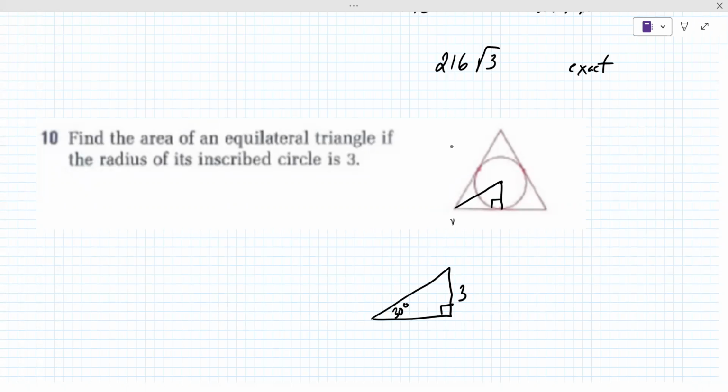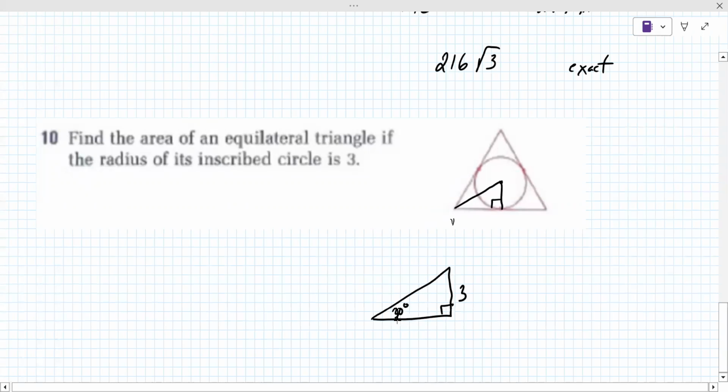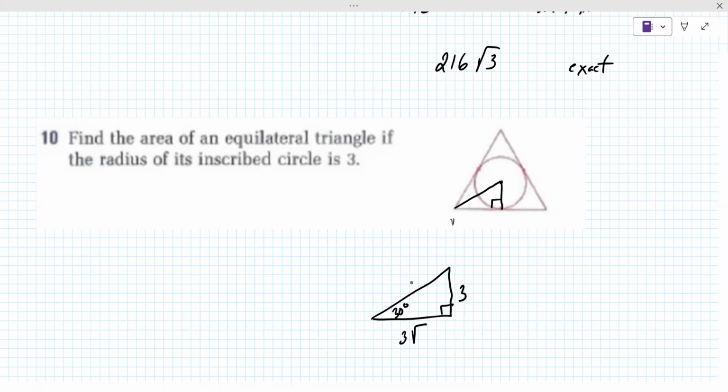So 30 degrees goes on this angle because it's 60 and you're splitting it in half. They're giving you the short leg. How do you find the long leg?